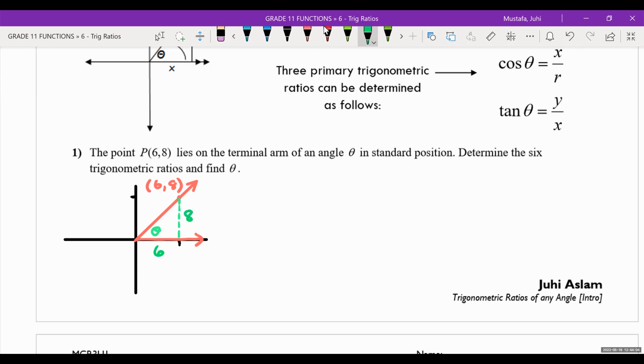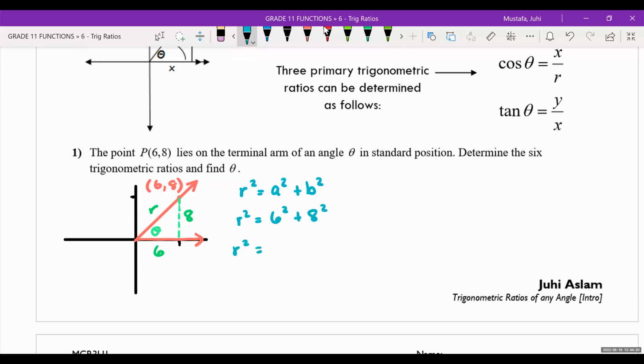And how do we calculate our value for r? This is a right angle triangle, so we can use Pythagorean theorem. Good. So let's go ahead and use Pythagorean theorem. R is the hypotenuse, so r squared is equal to a squared plus b squared. R squared is equal to 6 squared plus 8 squared.